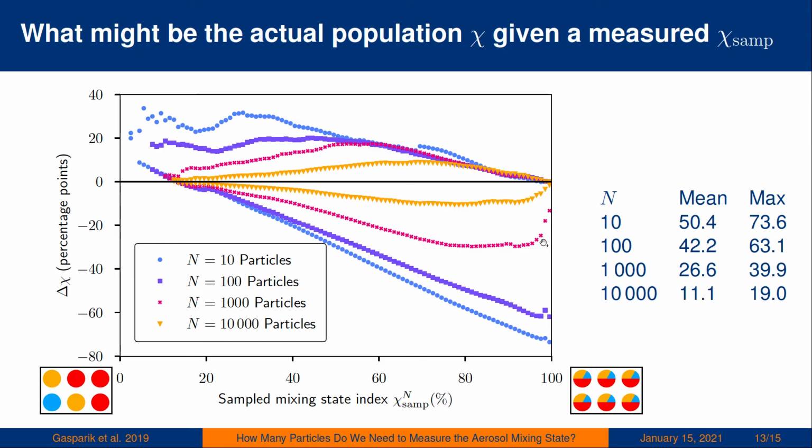And finally, when we get to 10,000 particles, the mean is a little over 10%, and the worst case scenario is basically plus or minus 10%, which we feel that you would have a very good idea if your particles were internally or externally mixed, or where in that range they were. You'd have some confidence.